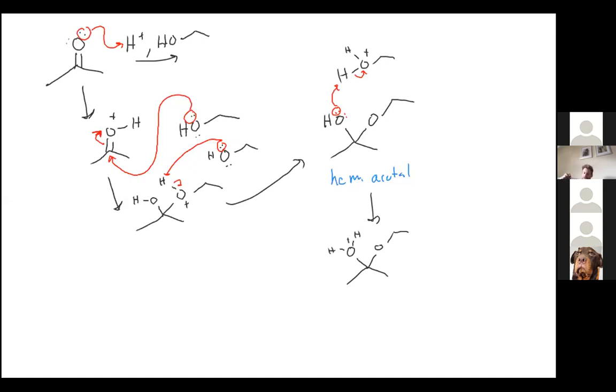All right, so we made water, which is a good leaving group. Our ether here can come in, kick out the water.